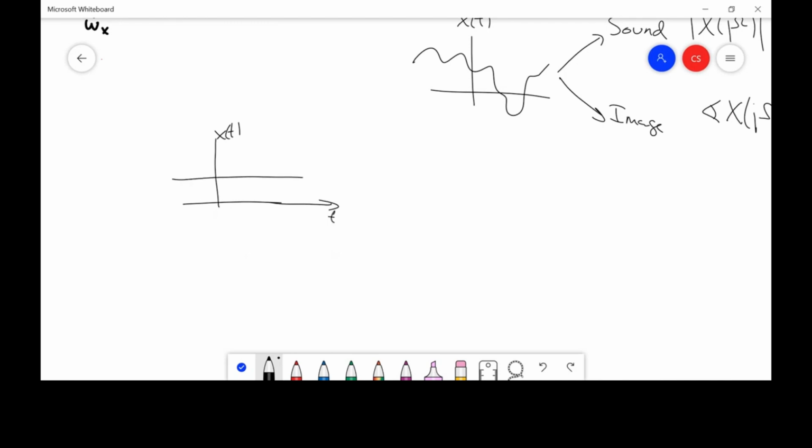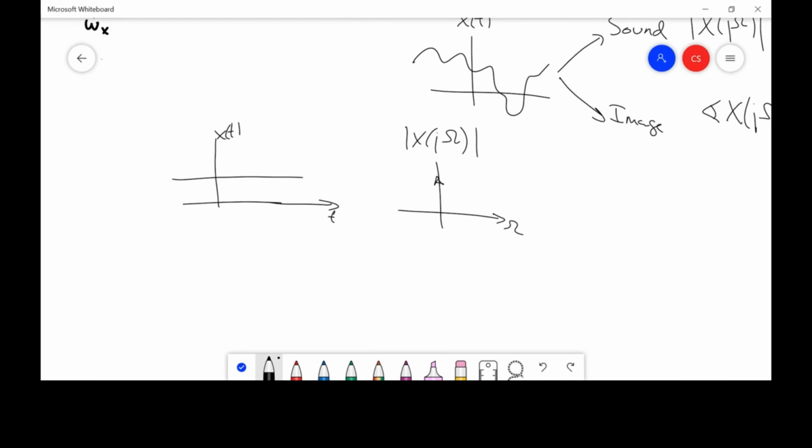Okay, so let's say you have a signal that is a constant. What is the Fourier transform? Say this is a delta. So this is the omega coordinate, and let's represent the modulus.